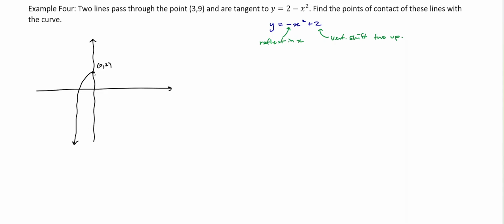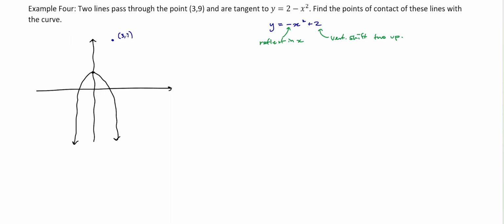So it's going here, and it's going here. And it says, two lines pass through the point 3, 9 and are tangent to this curve. So if I put 3, 9 somewhere over here, that's my 3, 9.